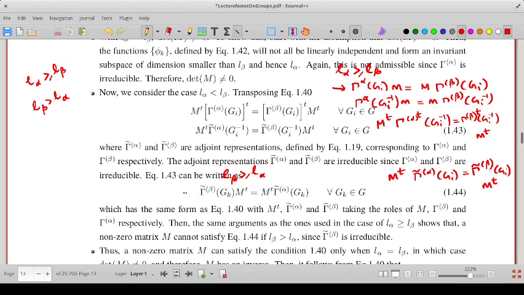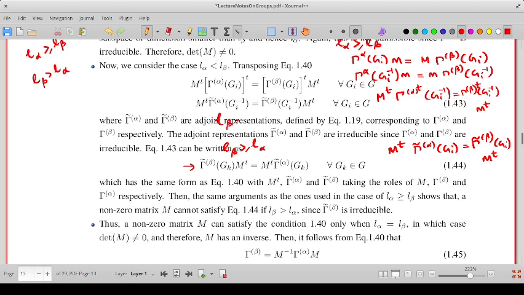So then it would immediately say, using the same arguments as we used for getting the result that determinant m is not equal to 0 for this case, we now have, when L beta is greater than or equal to L alpha, this is satisfied only if L beta is equal to L alpha, and in that case immediately the determinant of m transpose is not equal to 0. Now if determinant of m transpose is not equal to 0, determinant of m is also not equal to 0.